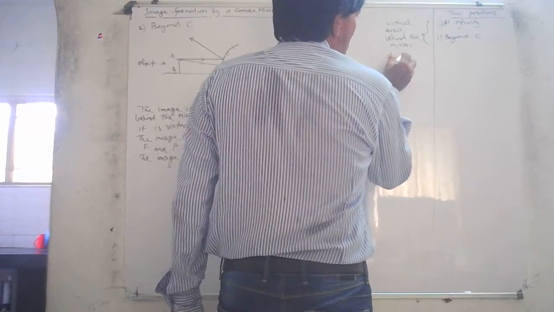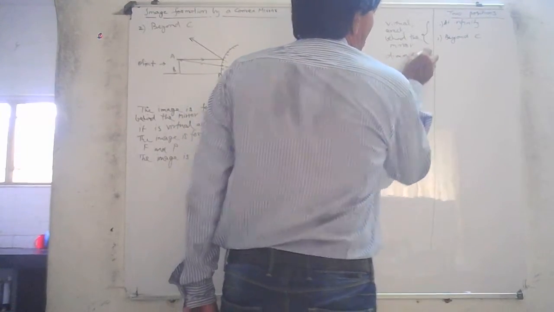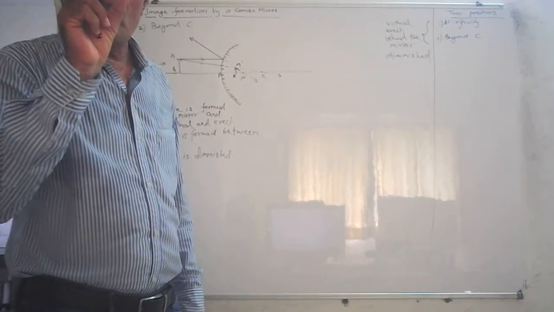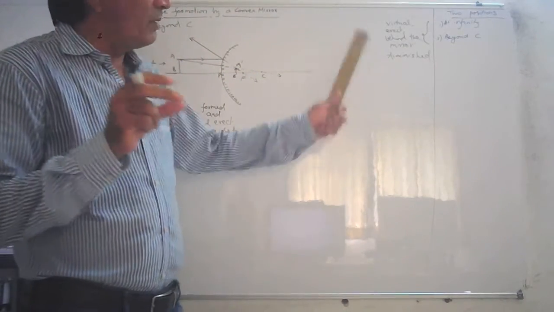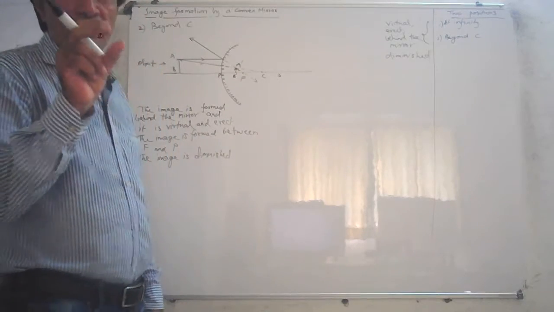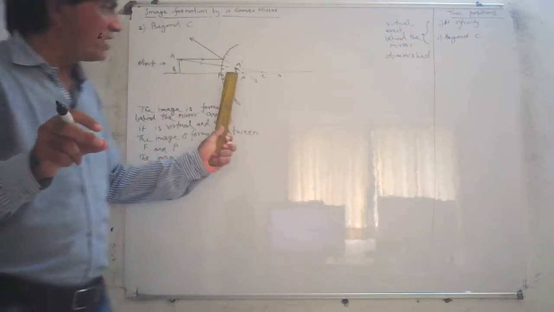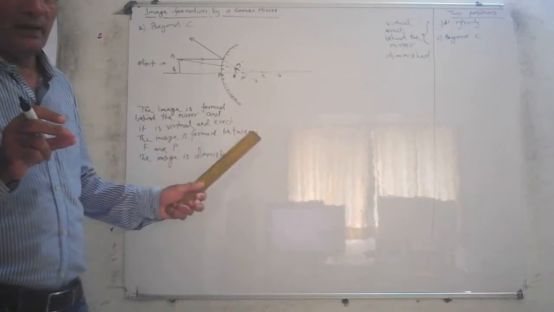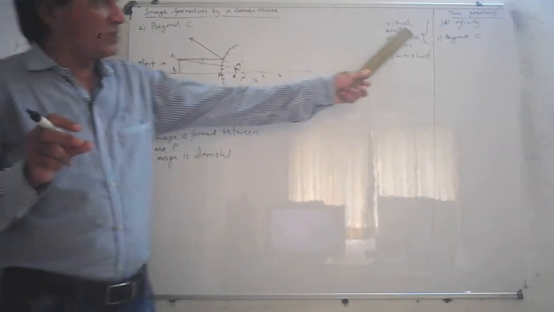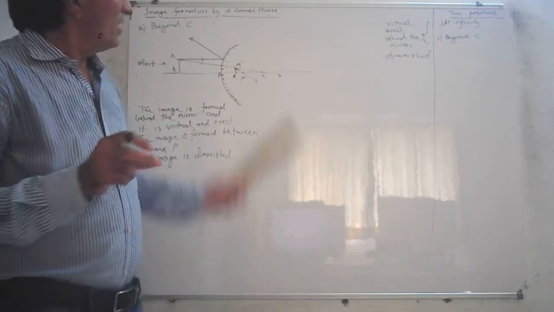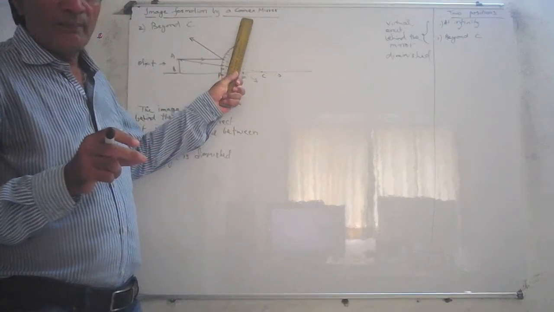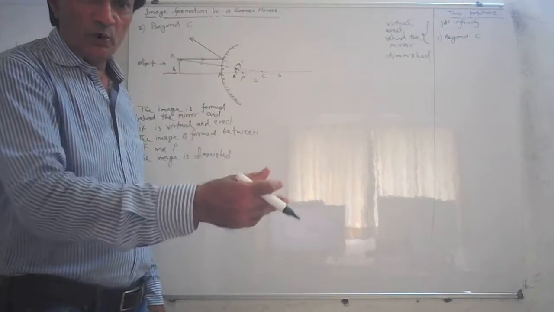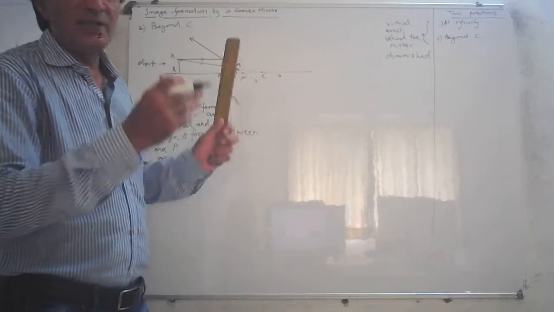The image is diminished. But the difference is that at infinity, the image becomes almost point-like, very small, highly diminished. In this case also it is diminished, but you can see it is not so diminished like a point. That is the only difference. Otherwise, in both the cases, that means in case of a convex mirror, the image is always formed behind the mirror, it is virtual, it is erect, and it is diminished.